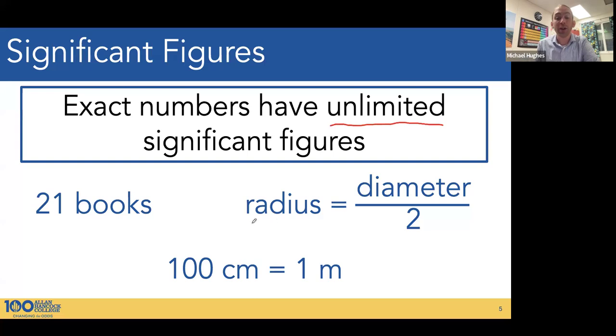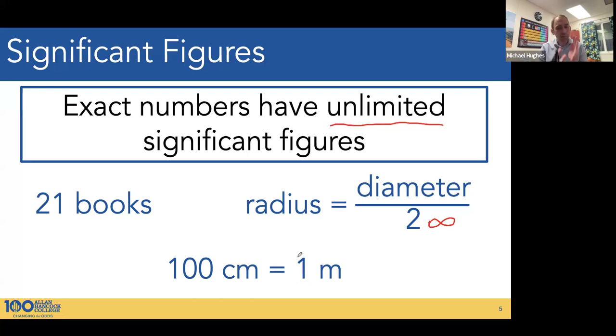So when you want to find the radius and you take the diameter divided by 2, the diameter might be a length that we measure with some uncertainty, but when we divide by 2, that 2 does not have one significant figure. It has infinite significant figures, unlimited significant figures. Or a relationship like 100 centimeters is 1 meter.